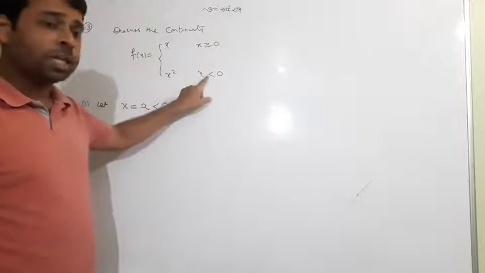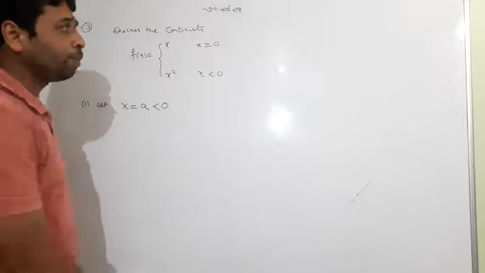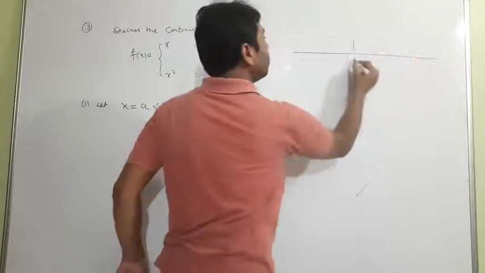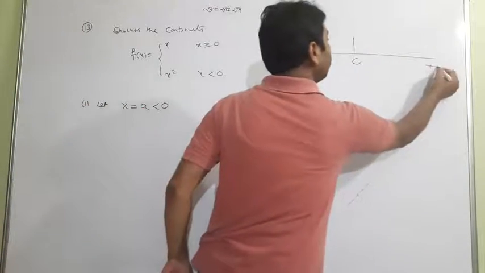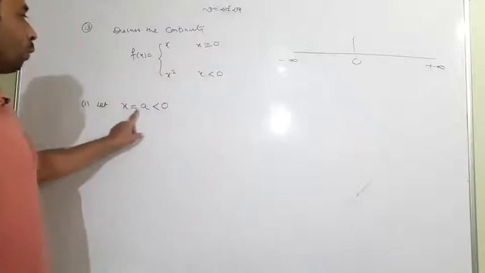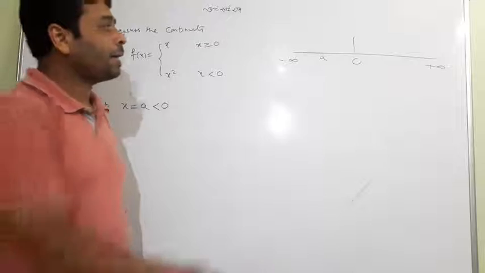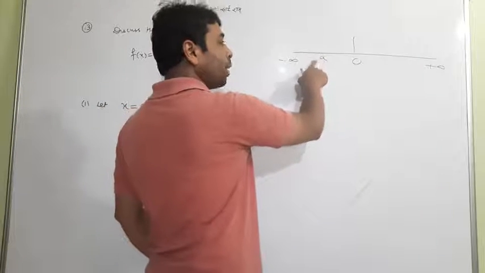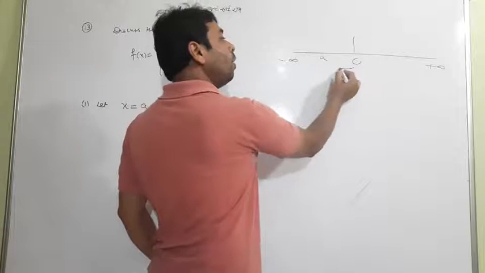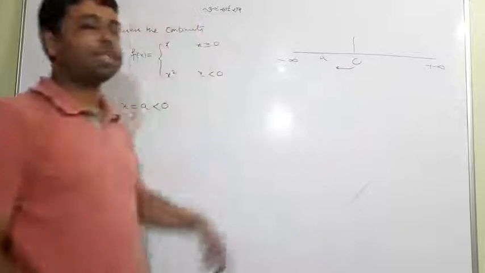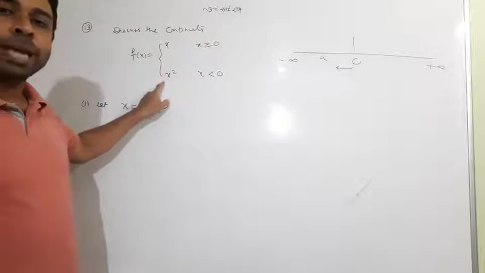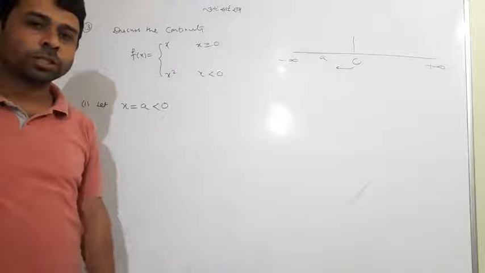First we discuss the continuity at all x which is less than 0. Look at here, this is 0, and first of all we'll discuss the continuity at all x equal to a which is less than 0, meaning we choose a here. For right hand limit for a, left hand limit for a, main value a, for all definitely they are less than 0, function will be same, and function is same, function is continuous.